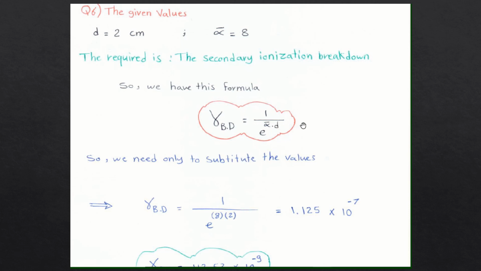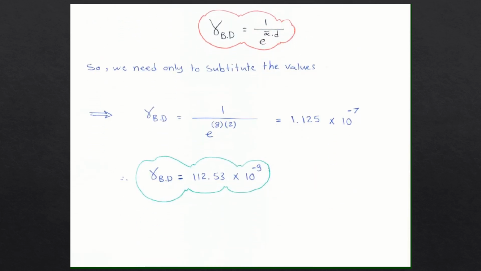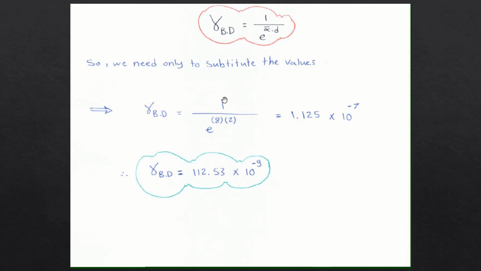So we only need to substitute the net ionization and the distance, and use our calculator to find the secondary ionization. Now let's see how we can calculate this.